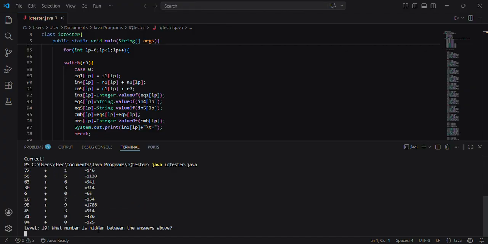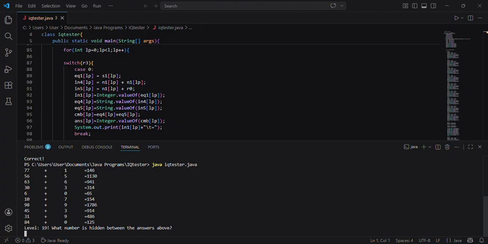Here it is a different question, giving two different numbers on the left hand side and one number which is calculated, which is the answer of calculations between the two numbers on the left hand side.